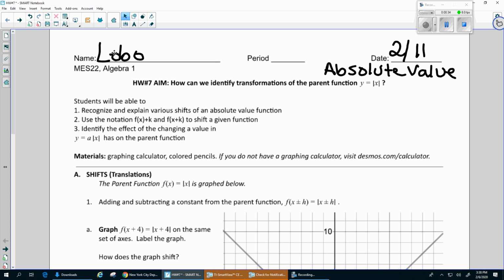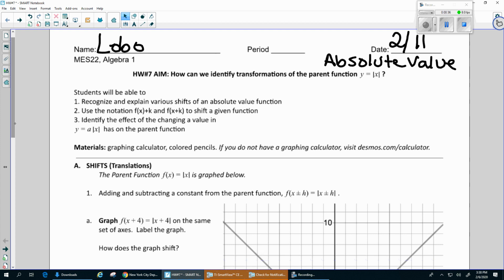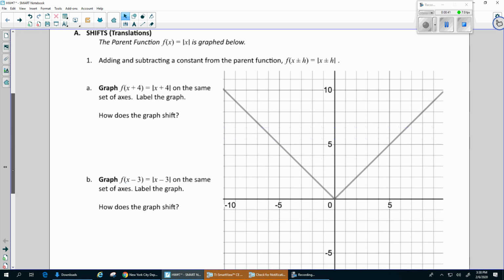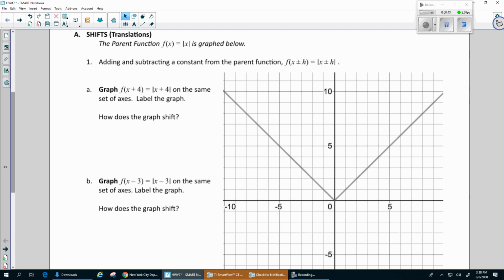And let's take a look at how we can transform an absolute value function. So you'll see that we have the graph of f of x equals g of x. So let's go ahead and label our graph.